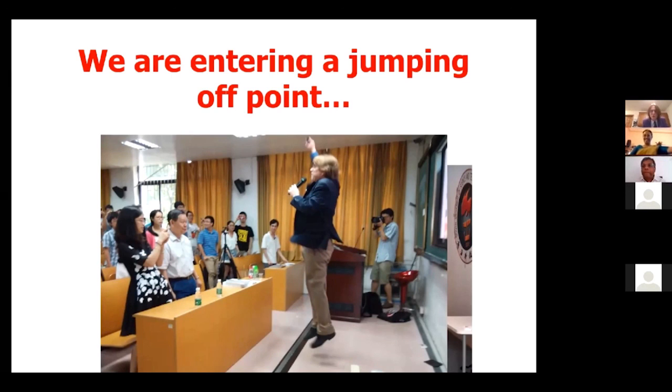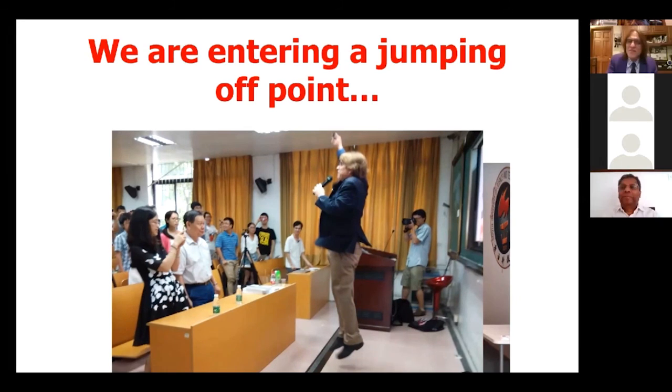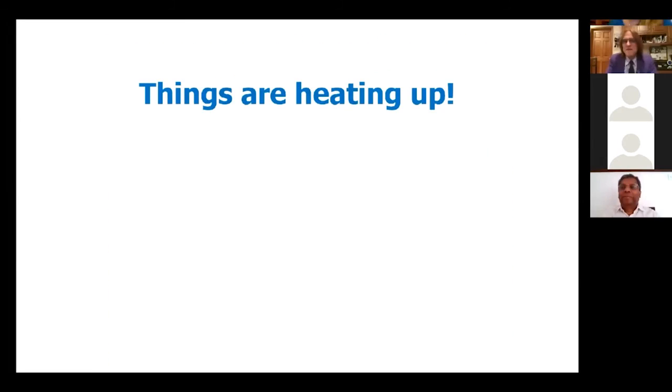Everybody stand up and jump. 1, 2, 3, jump. All the men, 1, 2, 3, jump. All the men again, 1, 2, 3, jump. Everybody together, 1, 2, 3, jump. One more time. Okay, have a seat. We're at a jumping off point. We're not really sure where we're going, but things are really heating up.